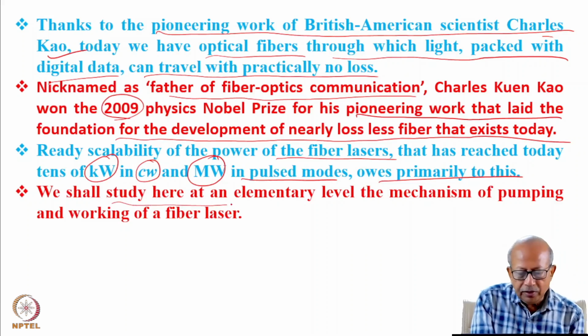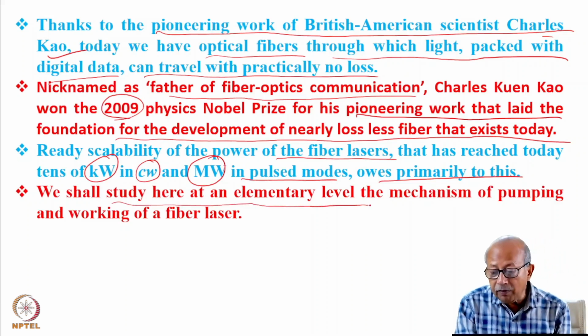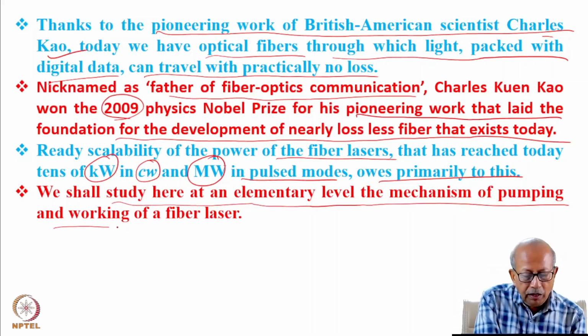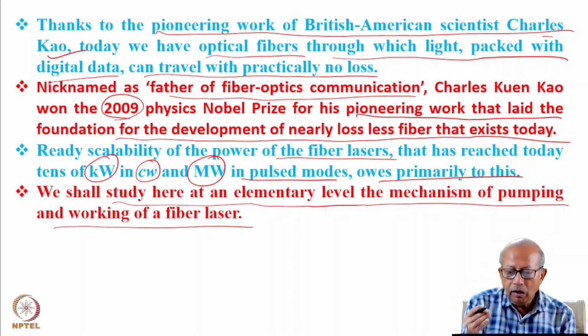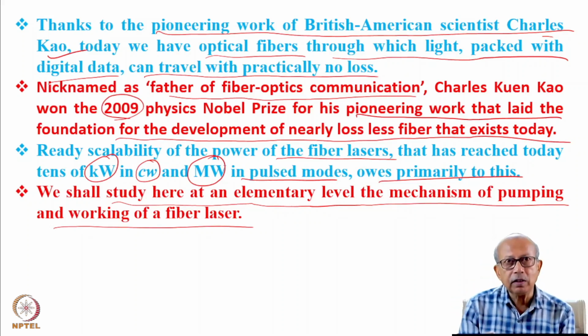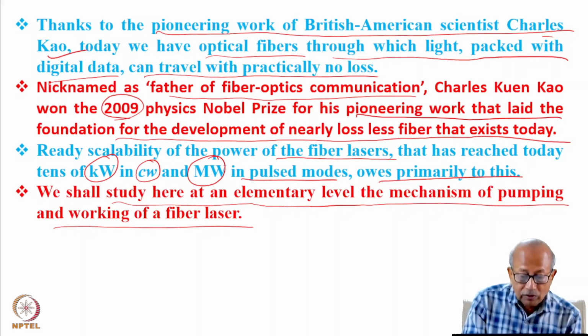We shall study here at an elementary level the mechanism of pumping and working of a fiber laser. So, how is a fiber laser pumped and how does it work?